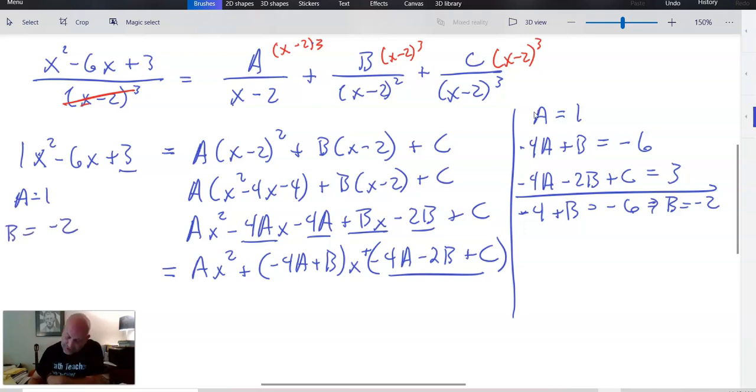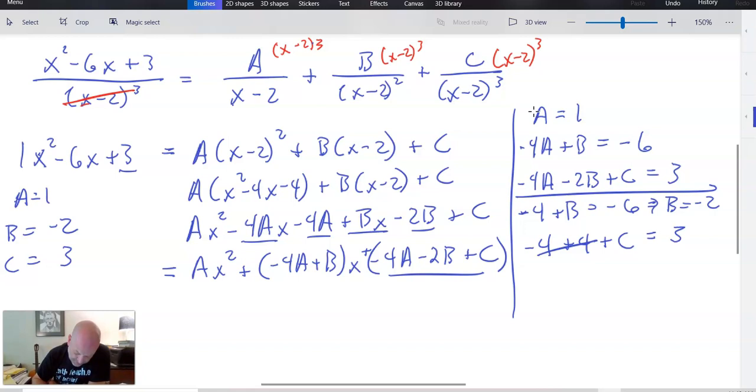Now that I have those two, I can plug those in here. a is 1, so this is minus 4. b is negative 2, so that's plus 4, plus c. Oh, that's interesting. Equals 3. Since that cancels, c equals 3. So now we have all of our numerators, and we can write them in.